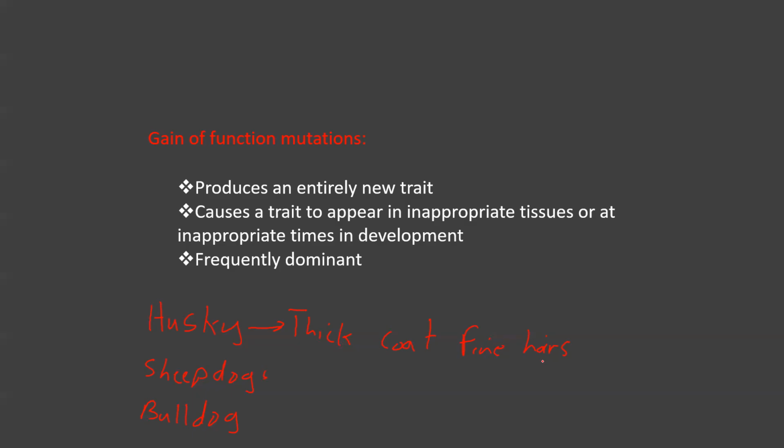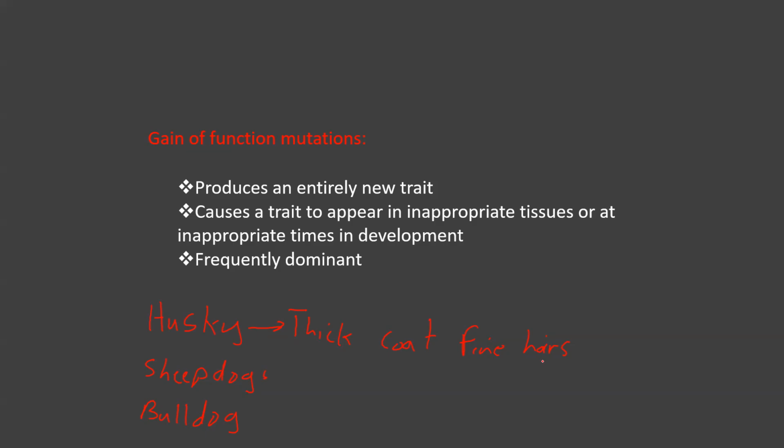So they have longer fur, and the fur is a little thicker. It's not as fine. So they don't do very, very well in Arctic conditions, but they can do quite well in the UK during the hot summers. During autumn, they can manage during winter. So having long fur being dominant in sheepdogs is good for them, right?